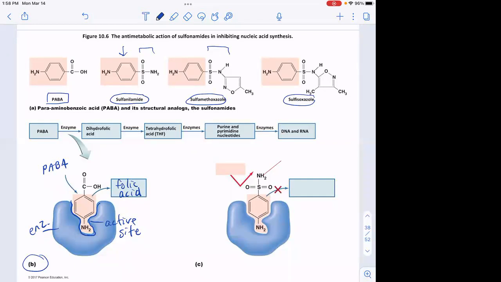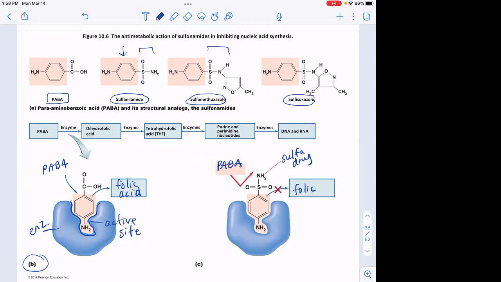But if there is lots of sulfa drug in that medium, then PABA can't bind into the active sites, and you are not going to get folic acid. So we'll just call it a sulfa drug that binds there instead.